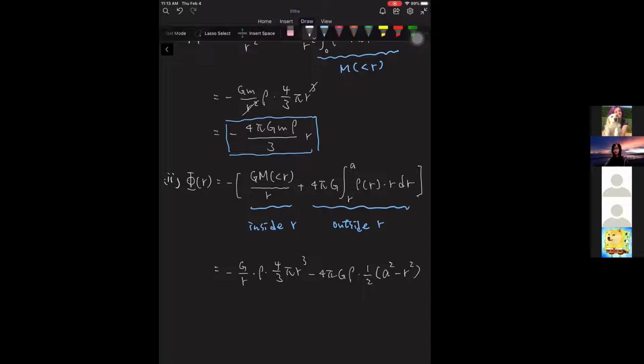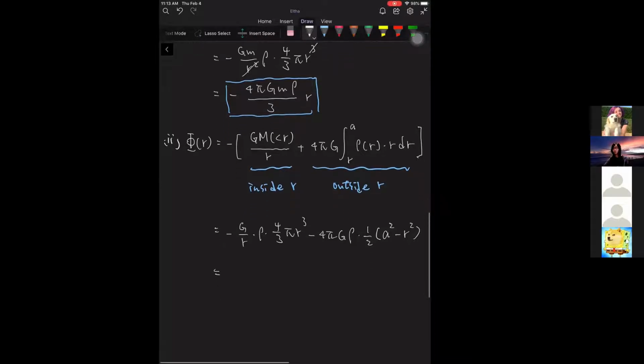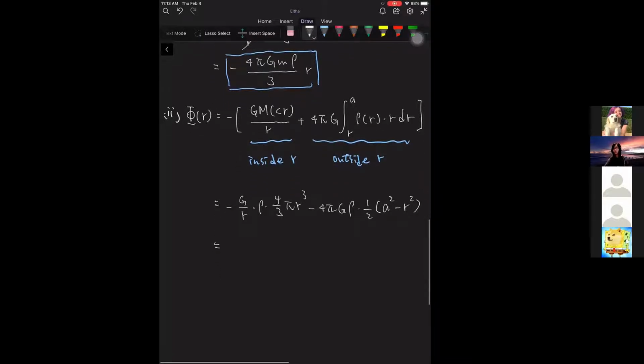Okay, so that reduced to negative 4/3 pi g rho r squared. Yeah, because we cancel out this one, and minus, we can also cancel out this 2 pi g rho a squared minus r squared.